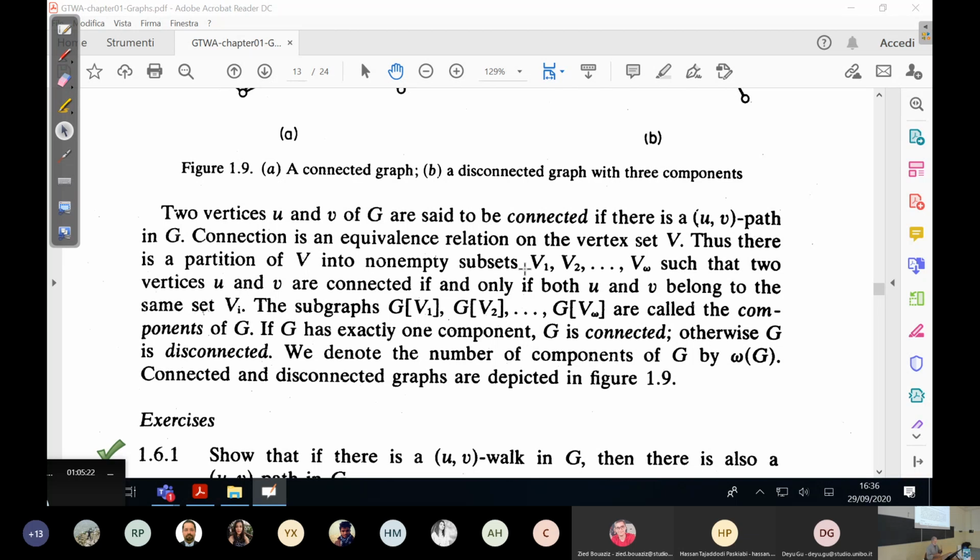So if I take the equivalence classes of this relation, these are called the components of G.